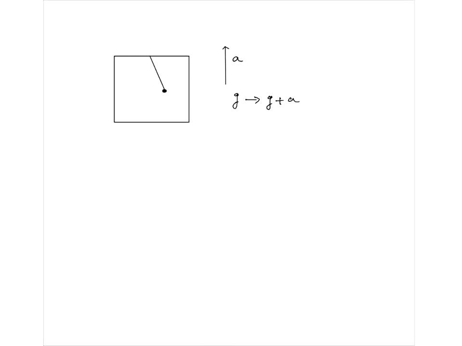Then how about accelerating downwards? If acceleration is downwards, then our observer, our non-inertial observer, would apply an upward force ma. So the net downward force will be m(g minus a).